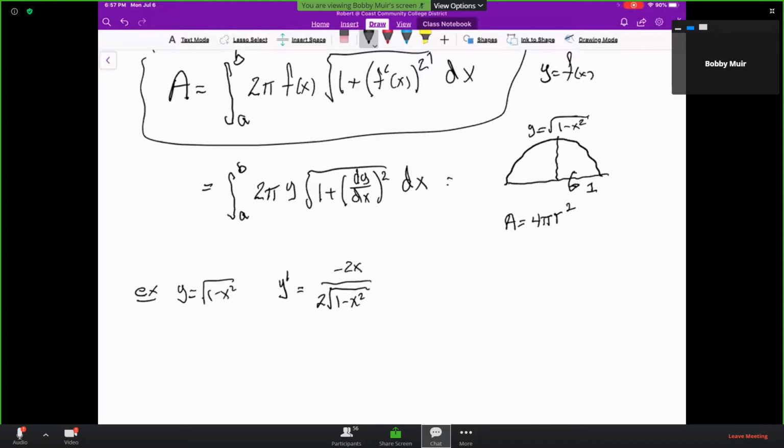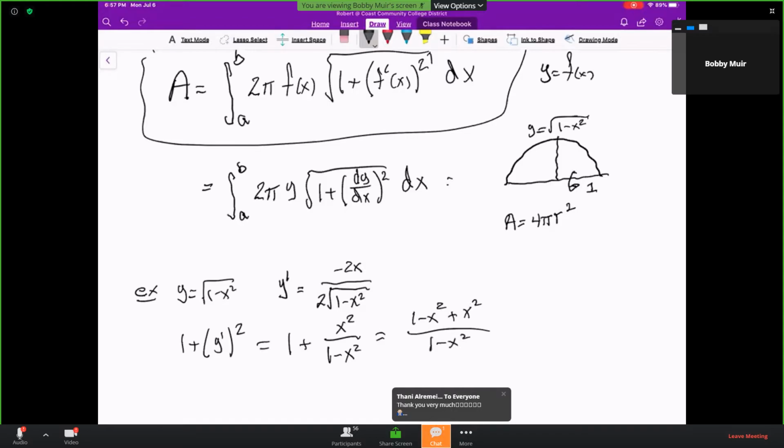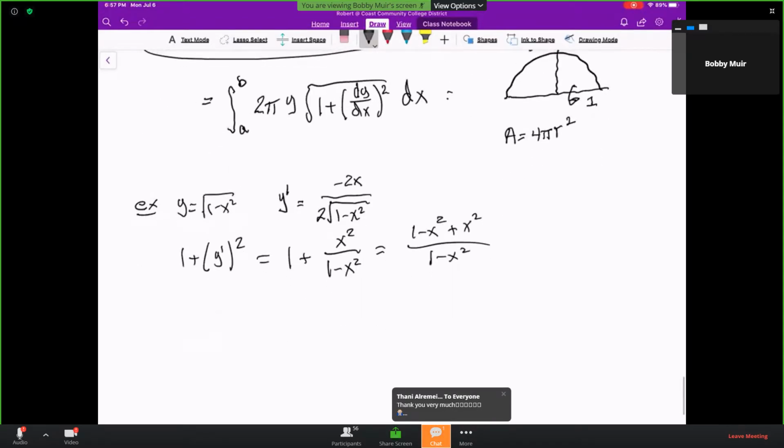So 1 plus y prime squared is going to be 1 plus x squared over 1 minus x squared. Common denominator it up over 1 minus x squared, and we see that we get 1 over 1 minus x squared.